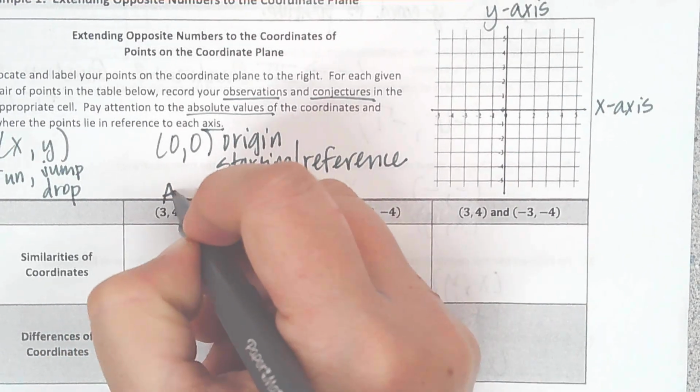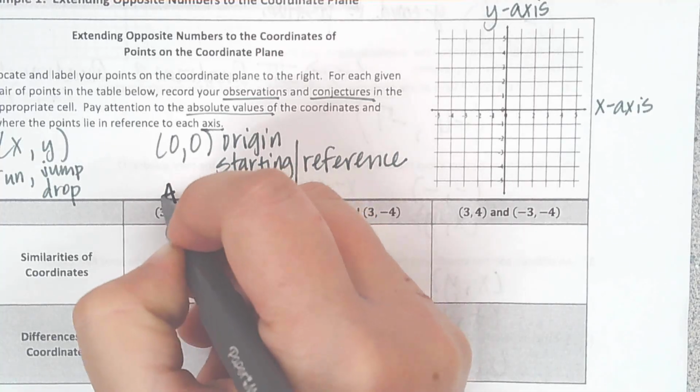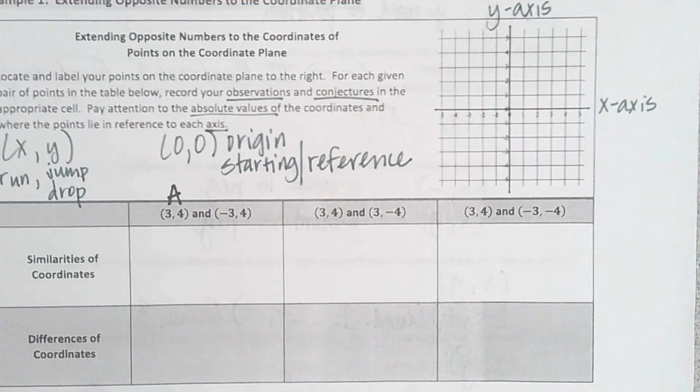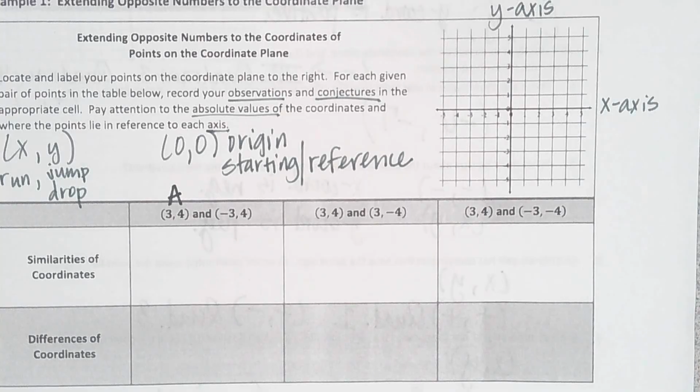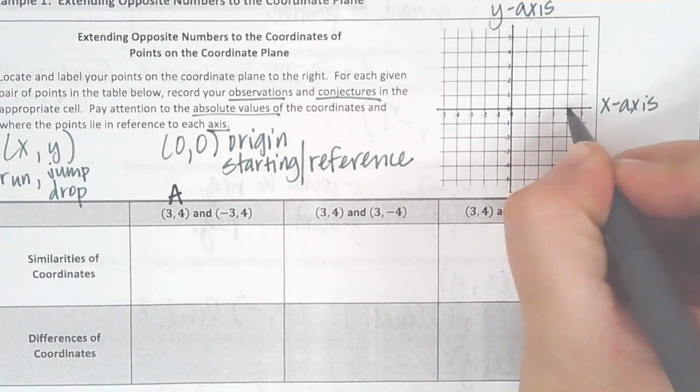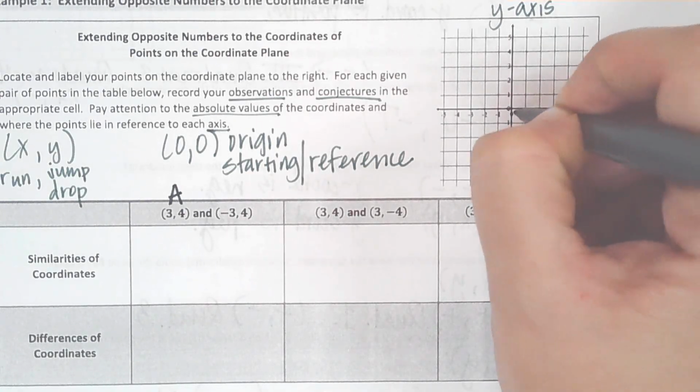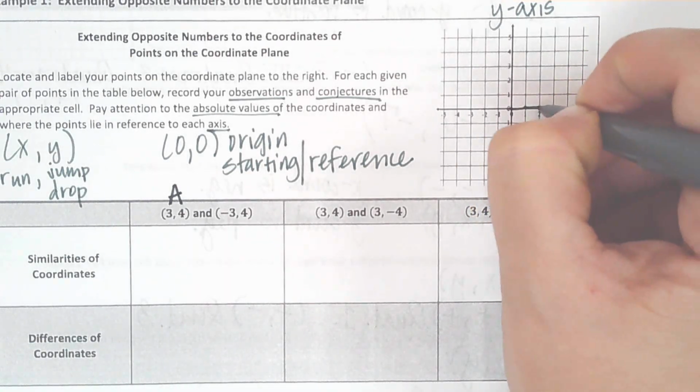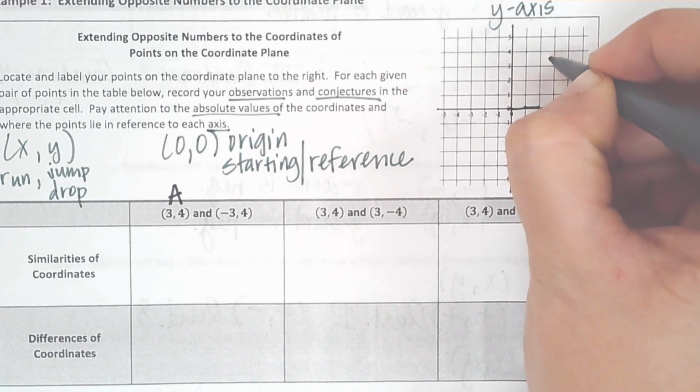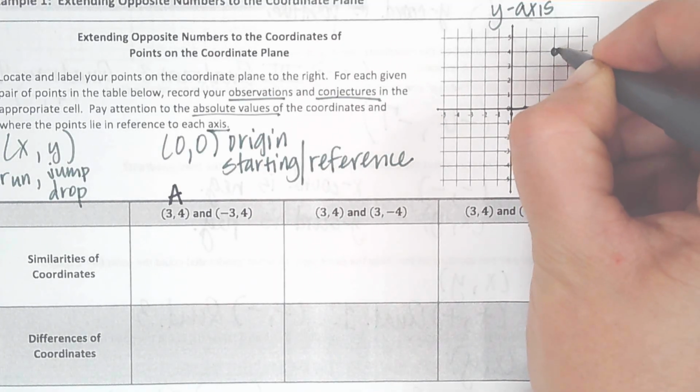I want you to go find positive 3, positive 4, and label it A. I want you to find and label and plot (3, 4). And the best thing about this one is they have the numbers on there. You don't have to count the squares. When they have the numbers on there, it makes it a whole bunch easier.